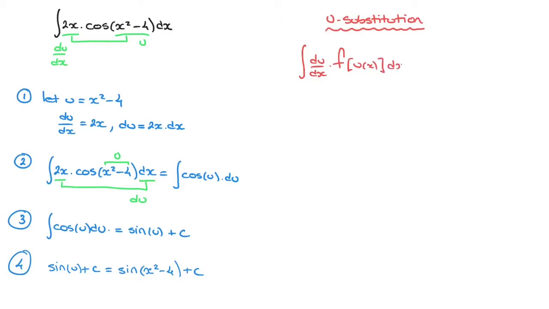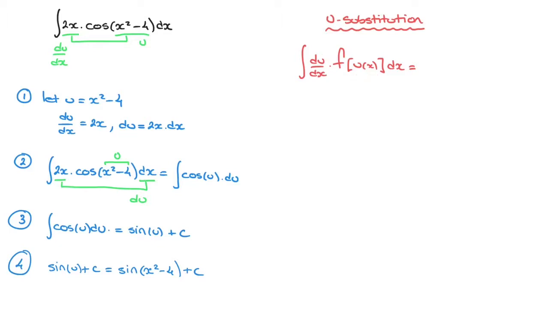In other words, the scenario is we're given a product of two functions, one of which is a composite function. The other function is nothing more than the derivative or some scalar multiple of the derivative of the function inside the composite function.